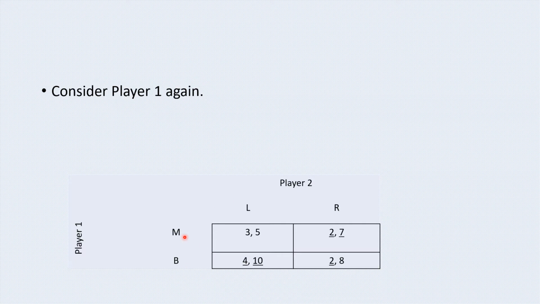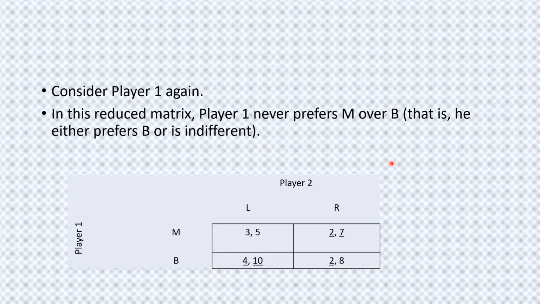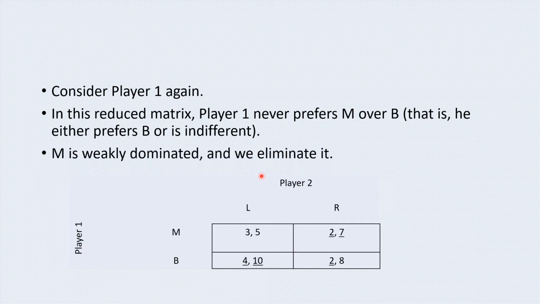So we are going to compare M and B. If player 2 plays L, then player 1 prefers B over M. And if player 2 plays R, then player 1 is indifferent between B and M. So player 1 never strictly prefers M over B. Sometimes he is indifferent, but in other situations, he actually prefers B over M. So since he never prefers M over B, M is an example of a weakly dominated strategy, and player 1 will also never want to play a weakly dominated strategy.